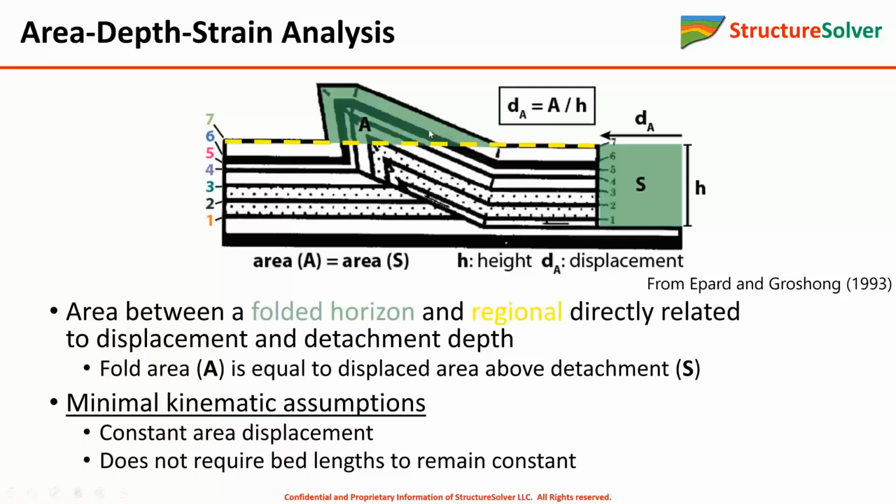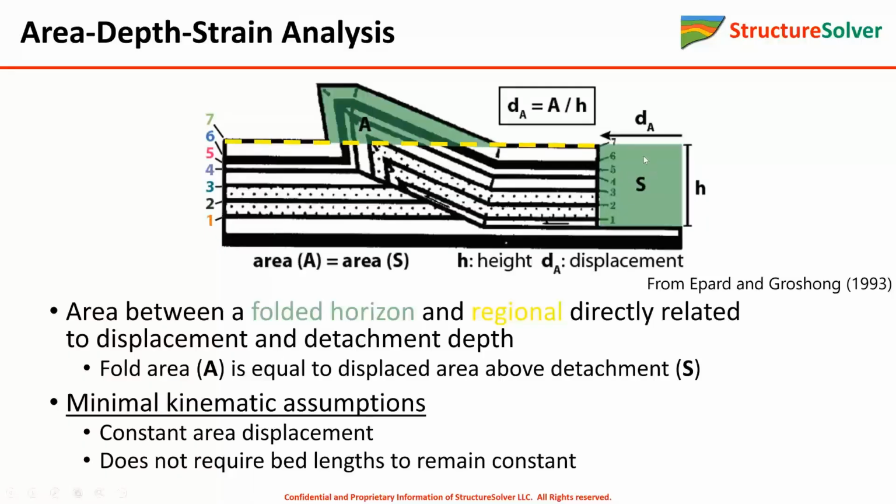The concept is that the area of a fold that you could measure from an interpretation or a seismic section should be equal to the amount of area displaced above the detachment. You don't directly observe this, but what you can directly observe is that fold area.